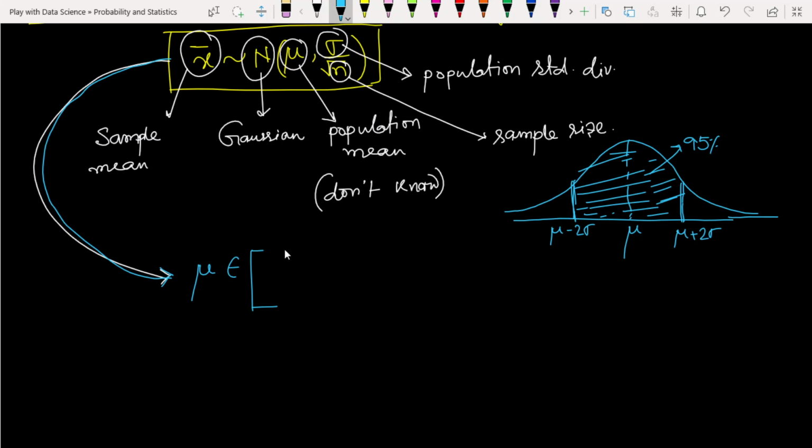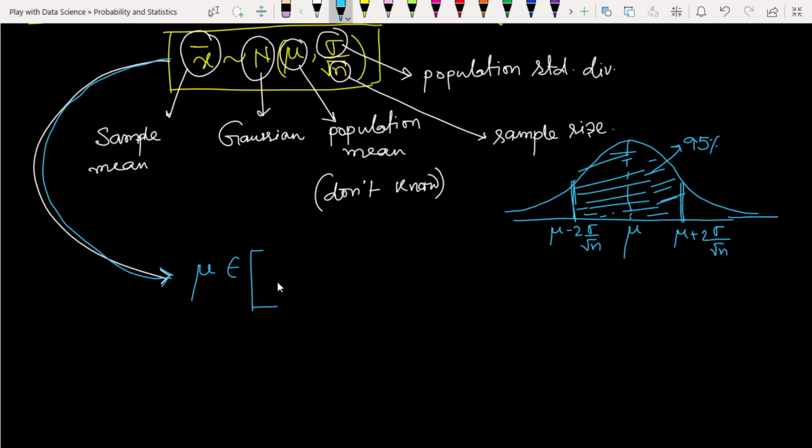So what is the value of the sigma here? The sigma is sigma by root n. So now this value will lie in the range mu minus 2 sigma, mu plus 2 sigma.